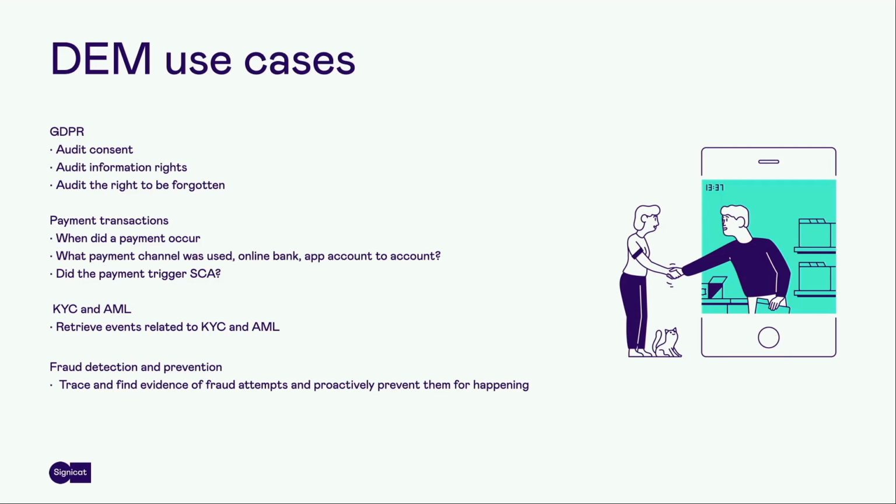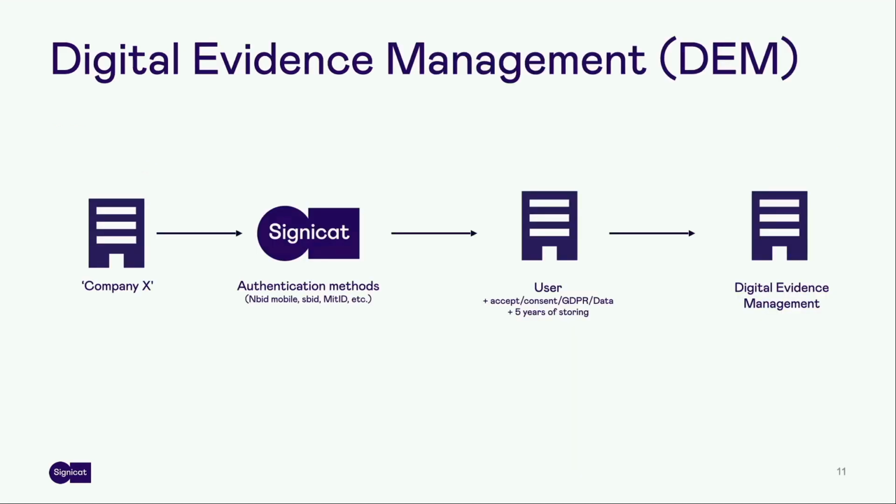And the next one will be an example of how the flow of digital evidence management could be. So you can have the company X. You will of course have an authentication method from Signicat. So it could be NBID mobile or SBID. And you will get the response from the user that has logged in to your system. And then the user has accepted the consent. You will have the data from the authentication.